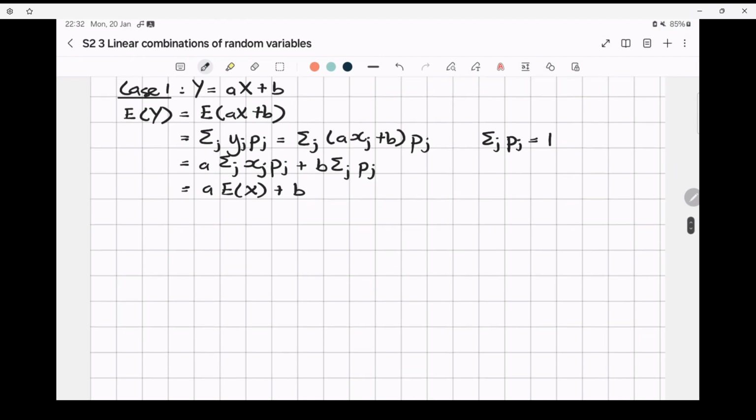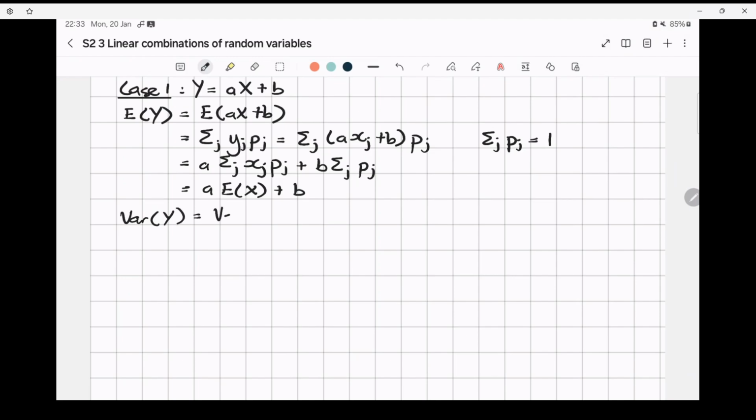That's why E(Y) equals a E(X) plus b when Y equals aX + b.